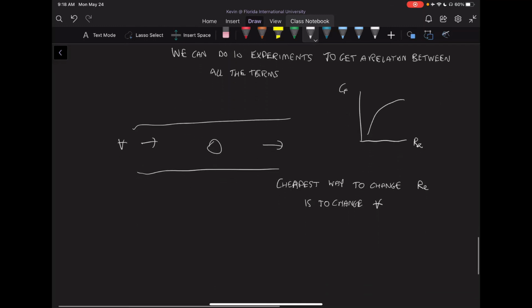So another example of a dimensionless parameter that we use a lot, in addition to the Reynolds number, which we're going to be using a lot, is one that should be familiar as well.